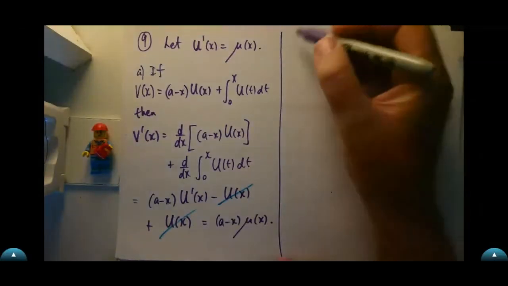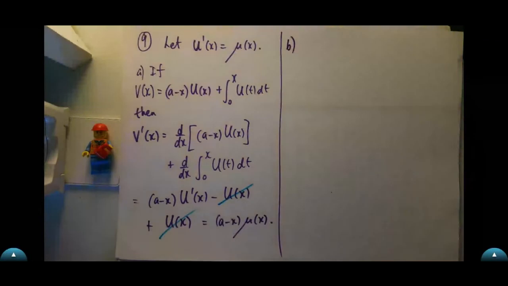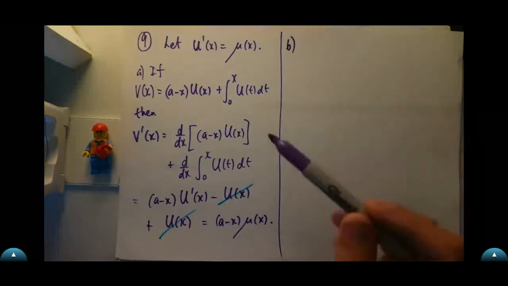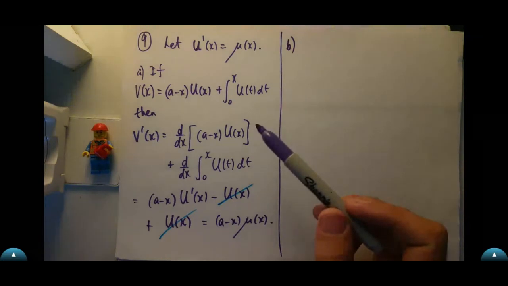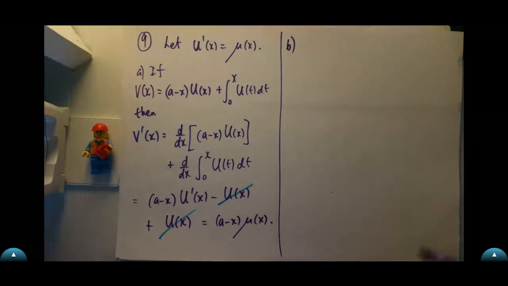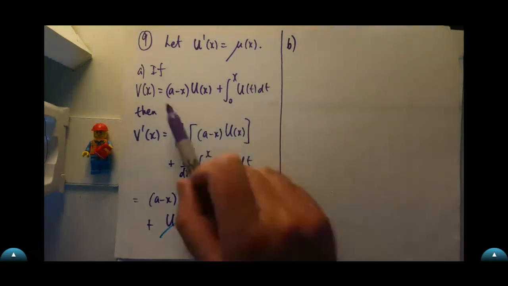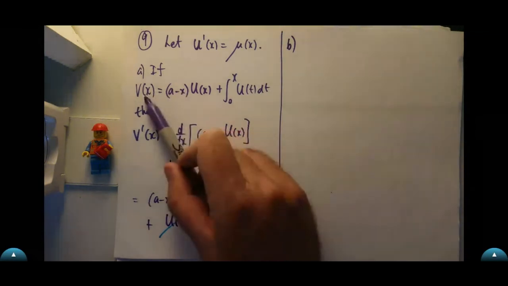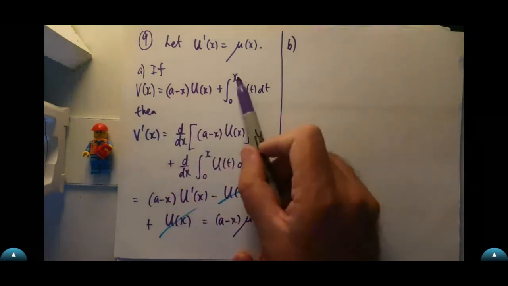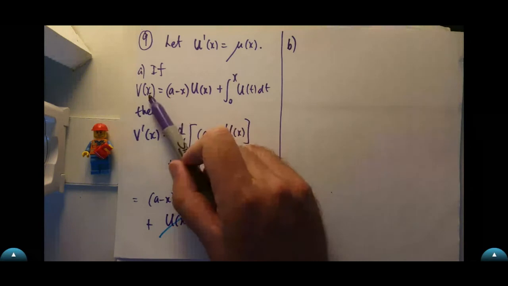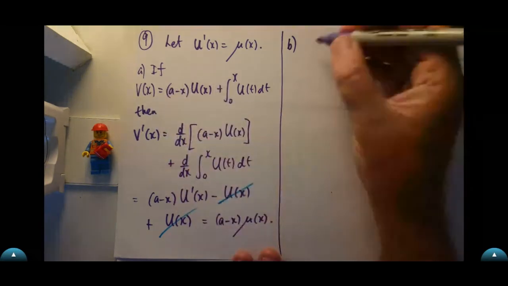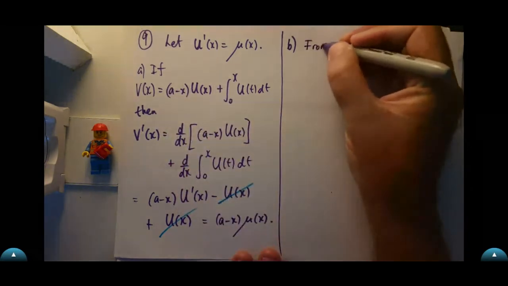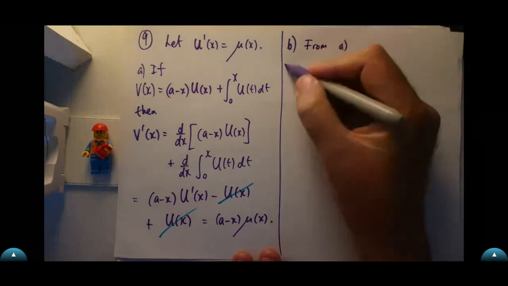All right, so for part B, let's have a look now. If we just put in x equals a in here, that will become a, that will become a, and this will become 0.